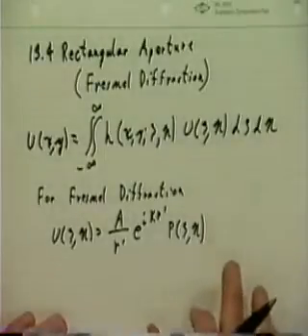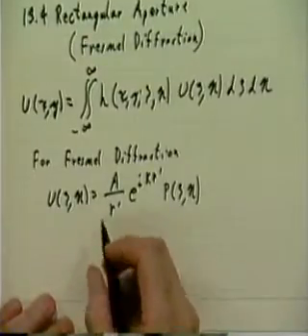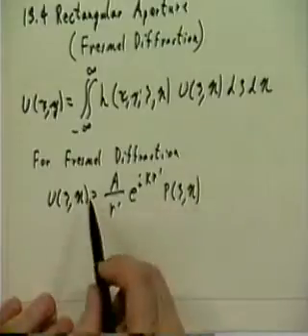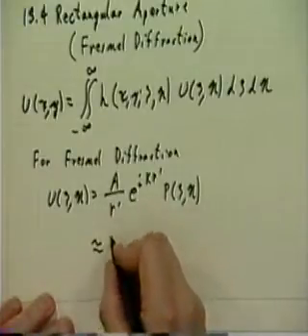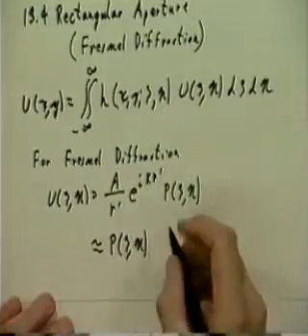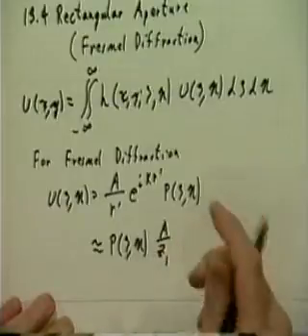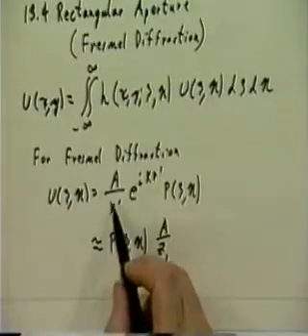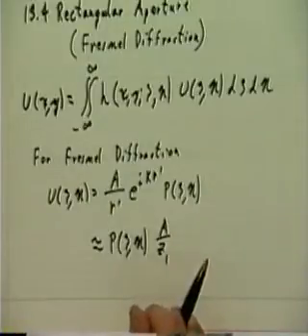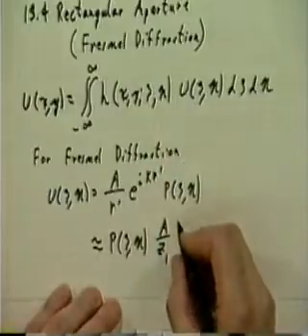And we're going to make the normal approximations that we've been making. And so this u is whatever p is, our aperture function, times a over z1. So we're going to approximate down here r prime as z1. And then we go through our normal expansion up here.